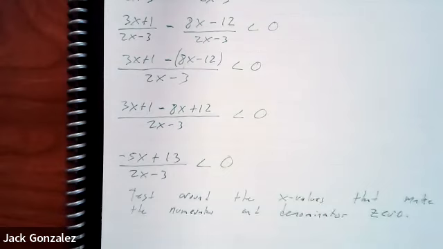So test around the values that make the numerator and denominator 0. Set the top to 0, set the bottom to 0, find out what that value is, then test in between, after, etc. Okay. Does that make sense? We'll do that on the next page.